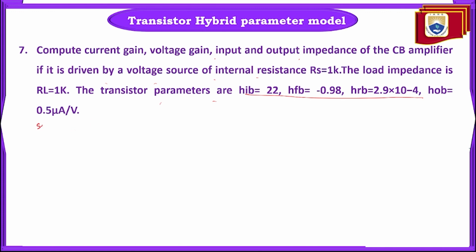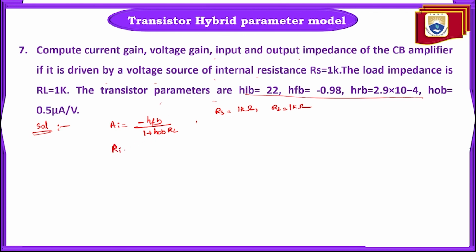We already have the formulas here. AI is equal to minus HFB by 1 plus HOB into RL. RS is given as 1 kilo ohm, and RL is given as 1 kilo ohm. Both are 1 kilo ohms. So just substitute those values and find out AI.